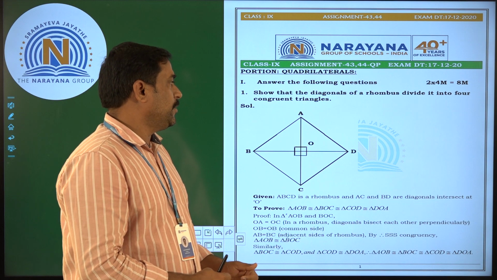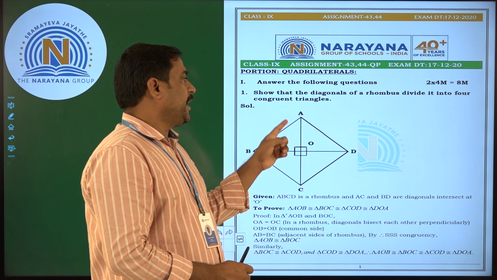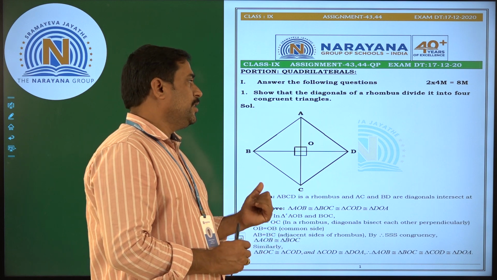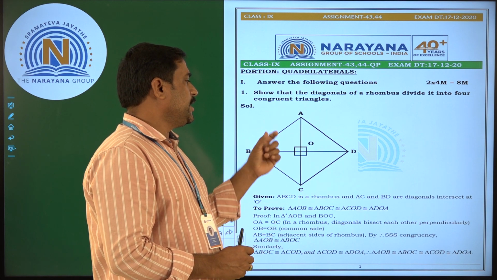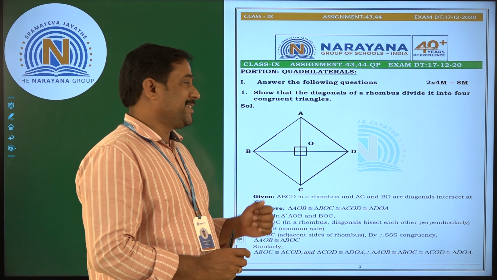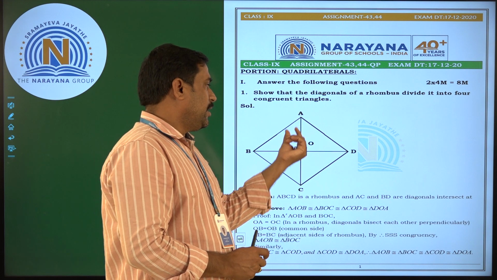To prove that, first of all I am taking triangle AOB and triangle BOC. Here you can see that OA is equal to OC because O is the bisector of this diagonal.